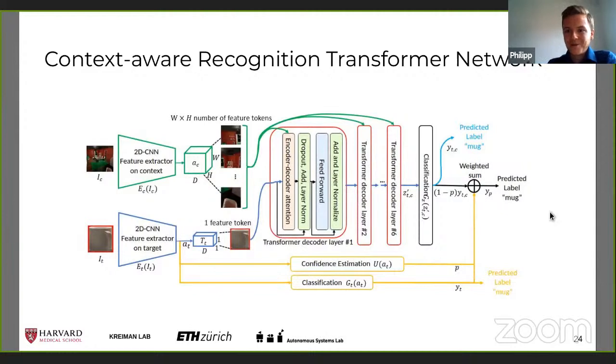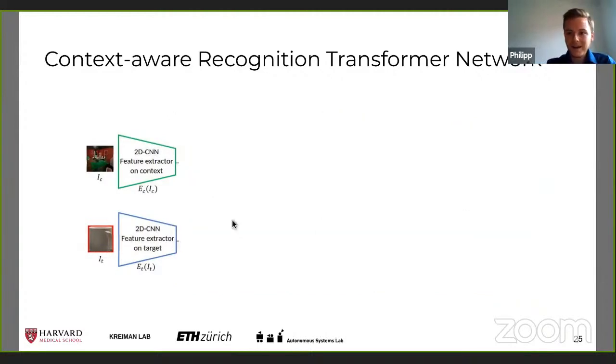So just like with CRTNet, we are starting out again with two streams. One stream takes care of the context, and that has access to the entire image. And then we have a separate stream that takes care of the target object. And here we use the cropped image.